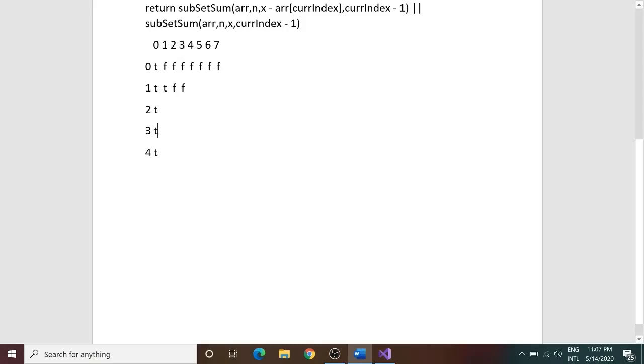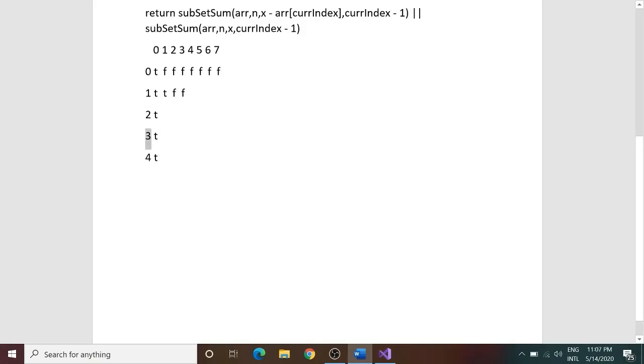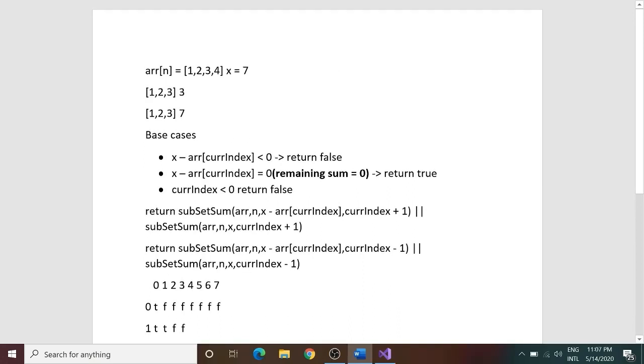So I would be ORing this subproblem, the intersection of 4th row and 4th column, and the intersection of 4th row and 8th column, and the answer to the intersection of 5th row and 8th column would be ORing these both. So ORing 1, 2, 3, 7 and 1, 2, 3, 3 would be my answer to 1, 2, 3, 4 and 7. And hence you will be populating our DP matrix in this same way.